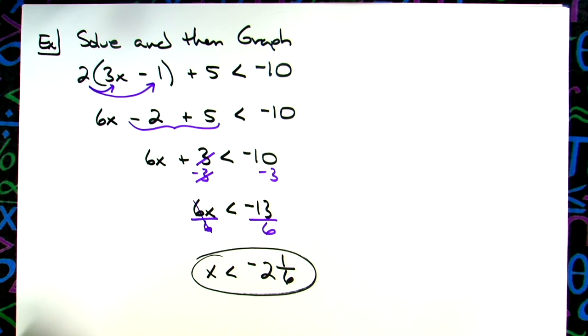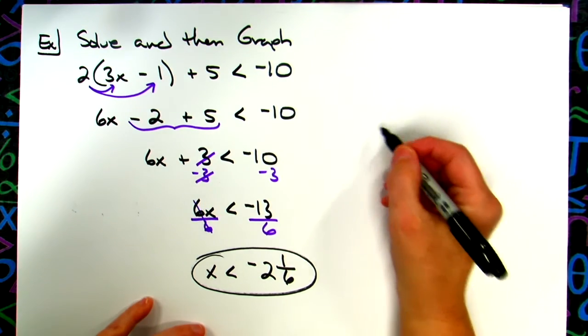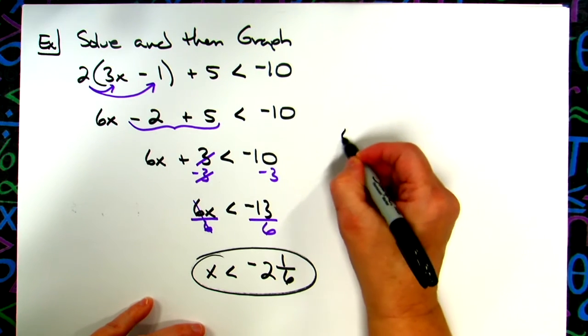-2 and 1/6 is in between what two numbers? -2 and -3. -2 and 1/6 is just a smudgy bit past -2. And you've got to think, because it's negative, you've got to think opposite here. So I'm going to draw my number line up here just so I've got more room.